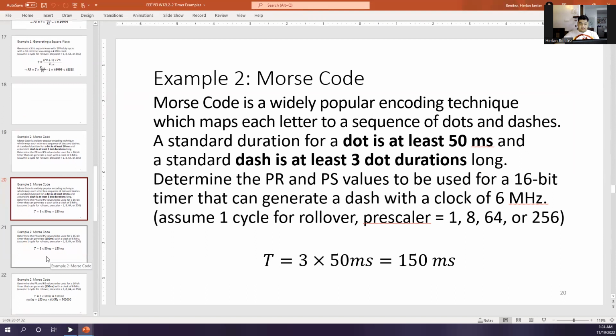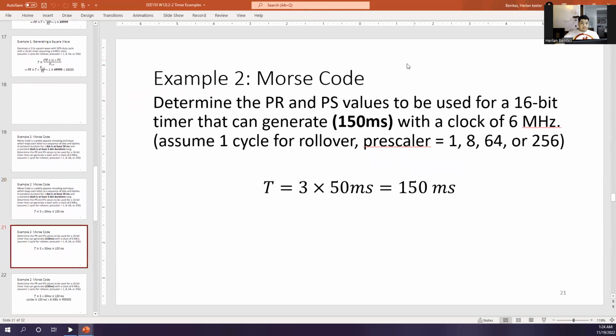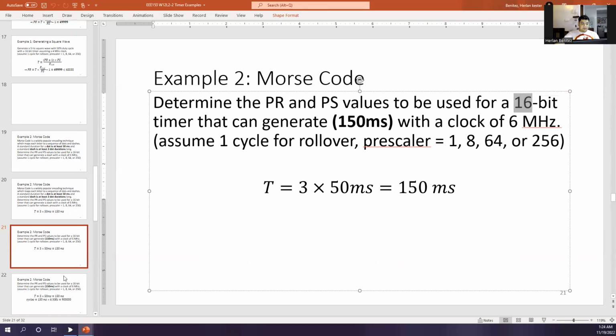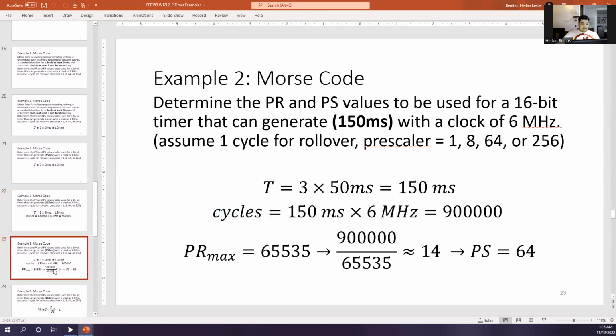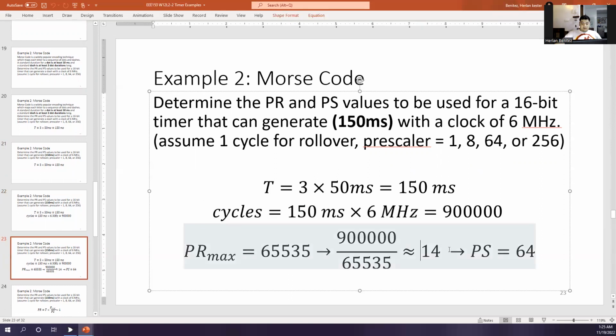So, to rephrase yung ating question, determine yung PR and PS values that can generate 150 milliseconds with a clock of 6 megahertz, 16-bit na timer. So, yung number of cycles natin, 150 milliseconds times 6 megahertz, that is 900,000 cycles. And 900,000 over yung maximum natin na period register na 65,000, that results to approximately 14.